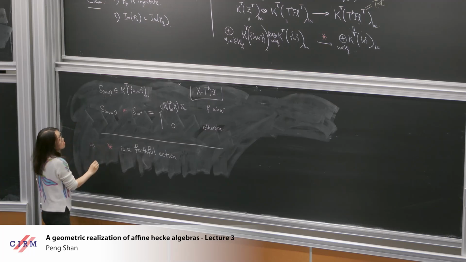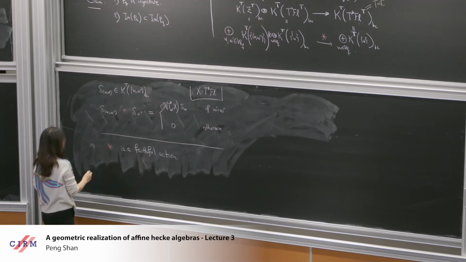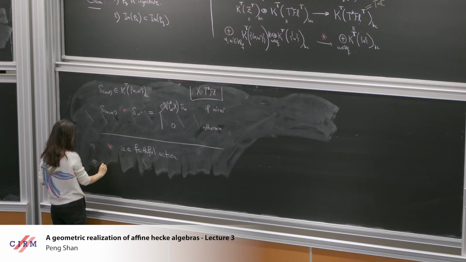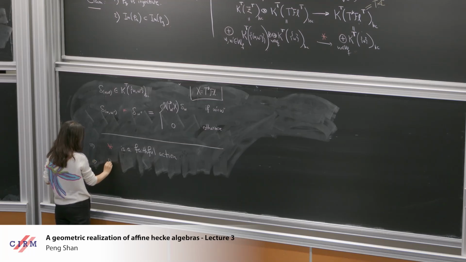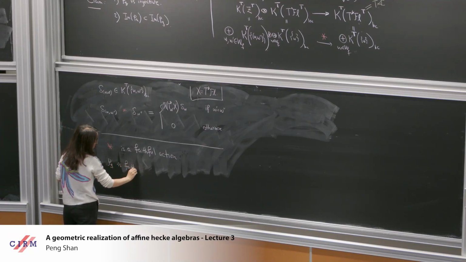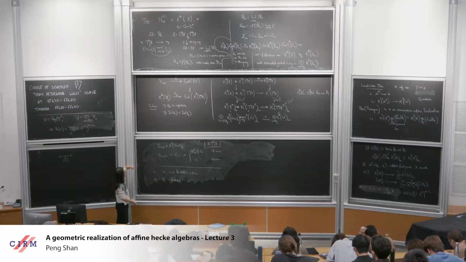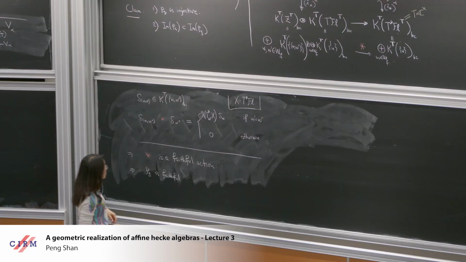And since all the vertical arrows are injective, this implies that the action of rho G is faithful. Okay, so this proves the first part of the claim. And now we need to do the second part.